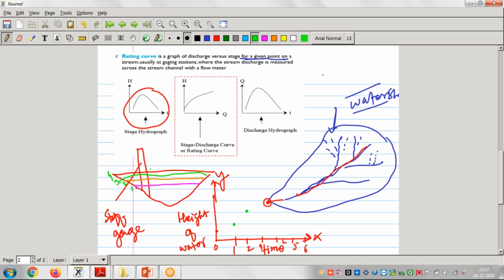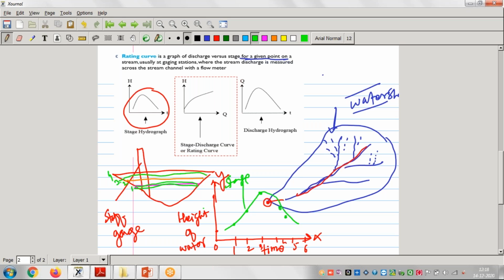So we note down this height, and then a stage will come when rainfall will stop. The height of water will reduce and come to its normal level. So this graph will look like this. When we join these points, this graph will be called the stage hydrograph.